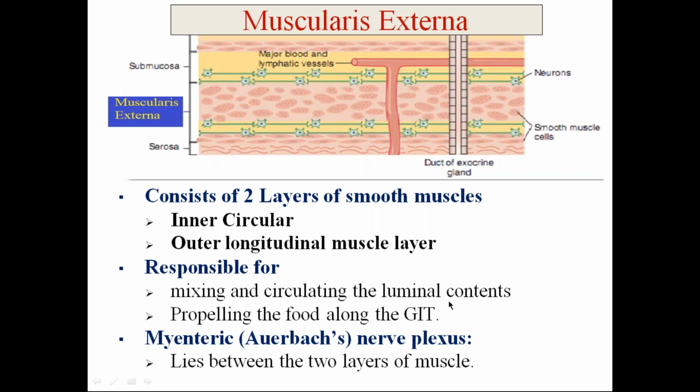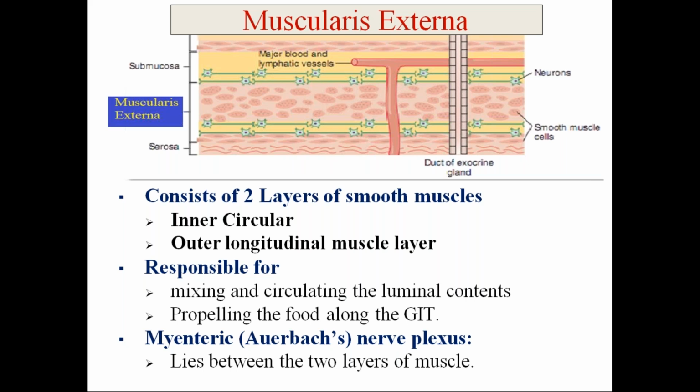When the longitudinal muscle layer contracts, it will lead to the shortening of the intestinal segments of the GI, and it will help in moving the contents of the GIT in the forward direction. Circular muscle, when it contracts, as the name suggests, will cause a reduction in the diameter of the GI lumen, right?